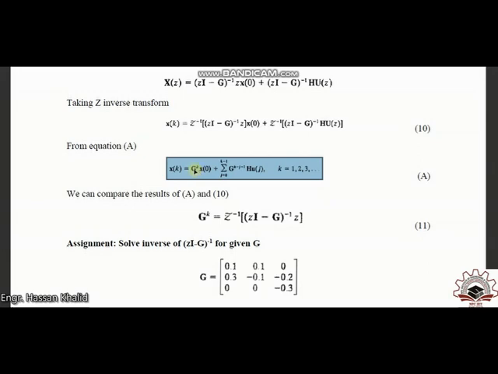So from here we realize that this is a state transition matrix, and by comparison G of k will be equal to the z inverse of (zI minus G) inverse into z. If we are able to find this, we will arrive at the state transition matrix formation that was in method number 2.